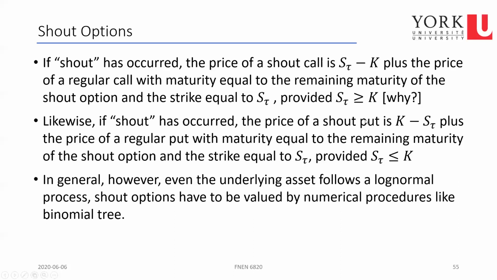You can't easily derive the distribution of the stock price at the time of the short, unlike when deriving the price of a max or min option. So even if you assume a relatively simple process followed by the underlying stock, you still have to go through numerical procedures to evaluate a short option.